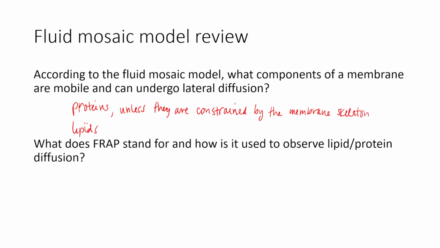So that brings us to the second part of this question, which is, what does FRAP stand for and how is it used to observe lipid and protein diffusion? So everybody take a few minutes, think about what FRAP is.